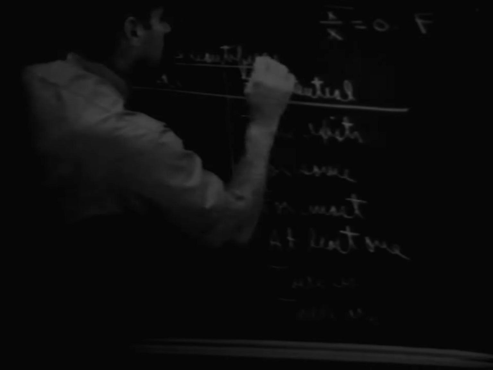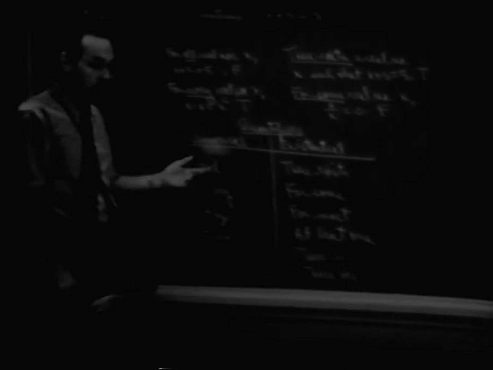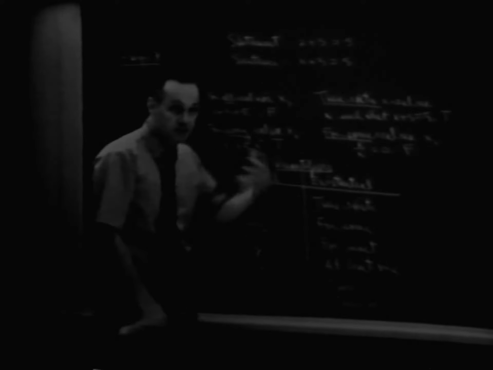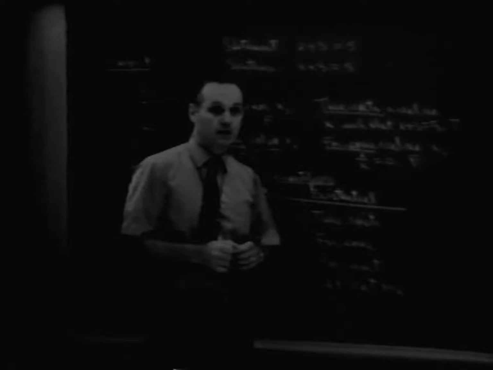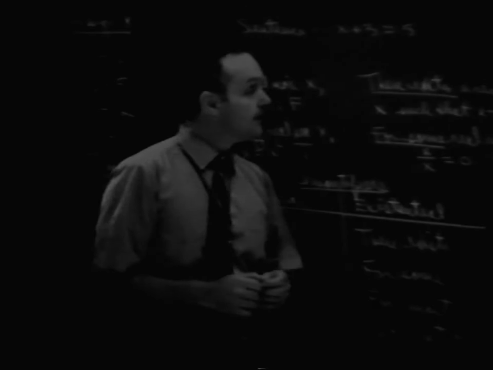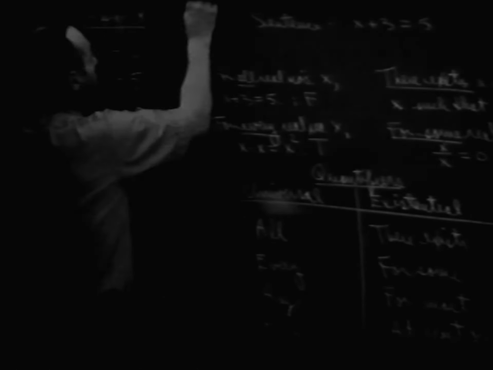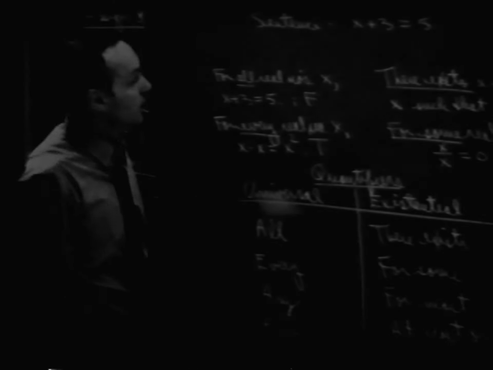E-X-I-S-T-E-N-T-I-A-L, the existential quantifier. And notice, when you include these words in a sentence, you can decide whether it is true or false, and that makes it into a statement. All right? Now, let's call all of this our first idea for today.